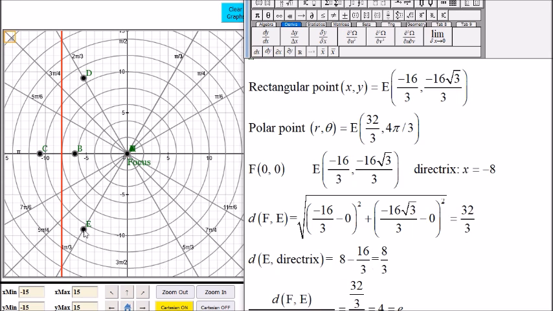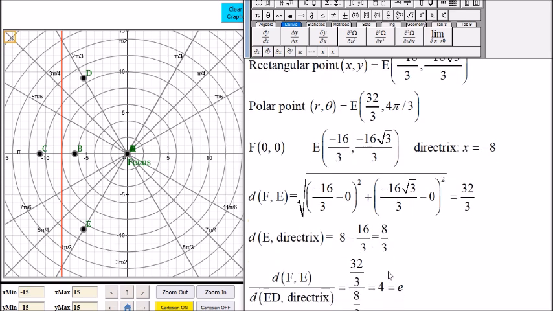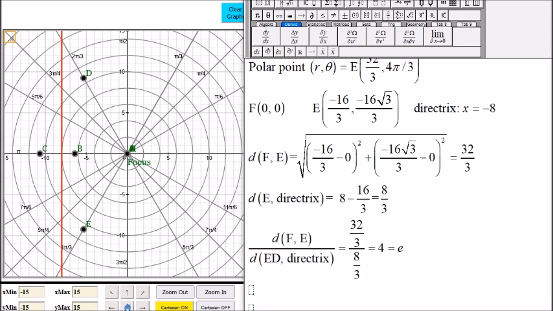The distance from point E to the directrix is 8/3. And therefore, the ratio of the distance from E to F and E to the directrix will be 32/3 divided by 8/3, which is 4, which is the eccentricity number that we have chosen.